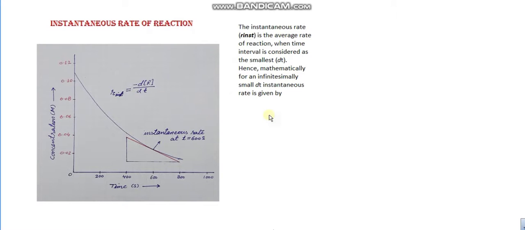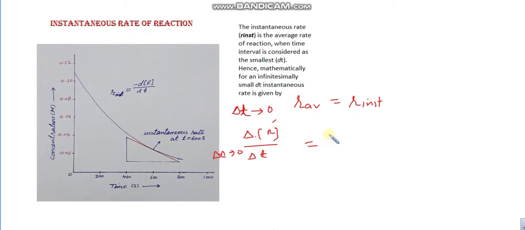When delta t tends to 0, then average rate is known as instantaneous rate, that is delta r upon delta t, when dt tends to 0 it will become del r upon del t.